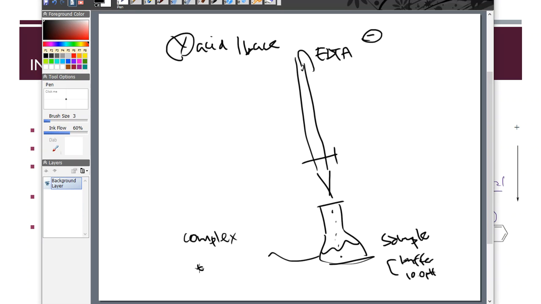That complex is taking EDTA and it's grabbing the calcium ion. That's what's happening here. This is negatively charged, this is positively charged, and they come together to make a nice little quaint marriage. Nothing to do with acid-base reactions. It is a complex that's beginning to happen here.